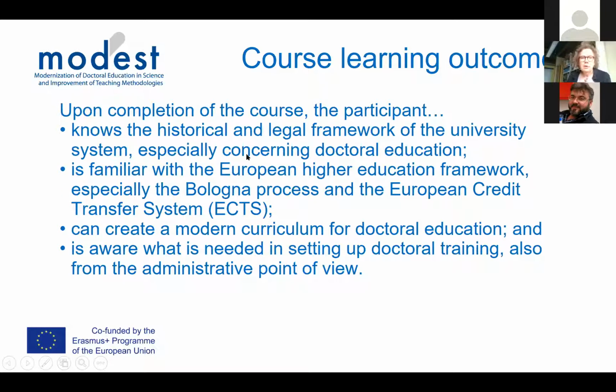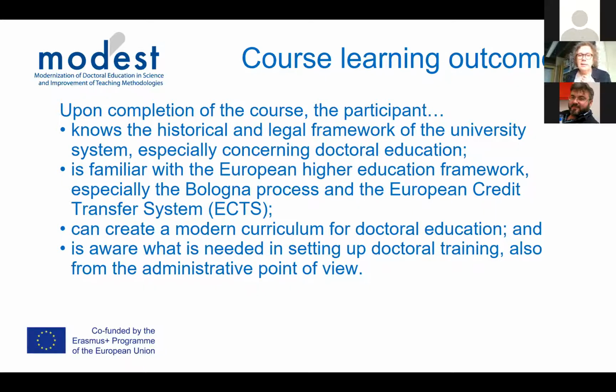A few learning outcomes. The idea is to start with the historical and legal framework of the university system, concentrating on doctoral education. On this course, the European higher education framework is introduced quite thoroughly, including the Bologna process and the European credit transfer system, ECTS.